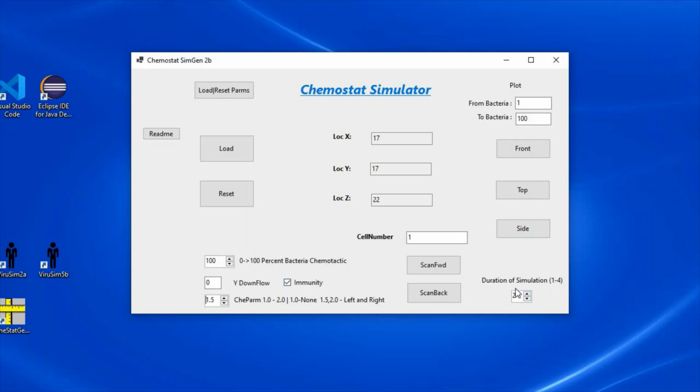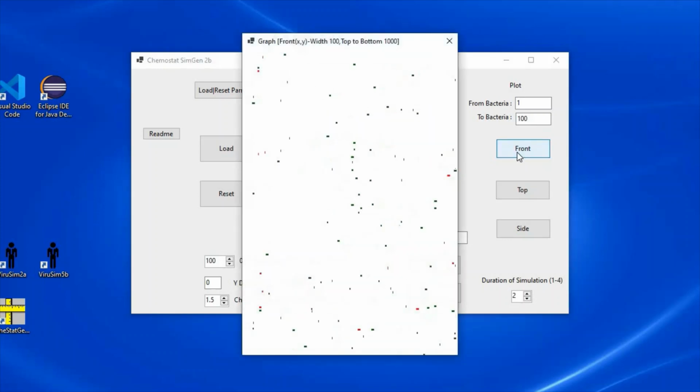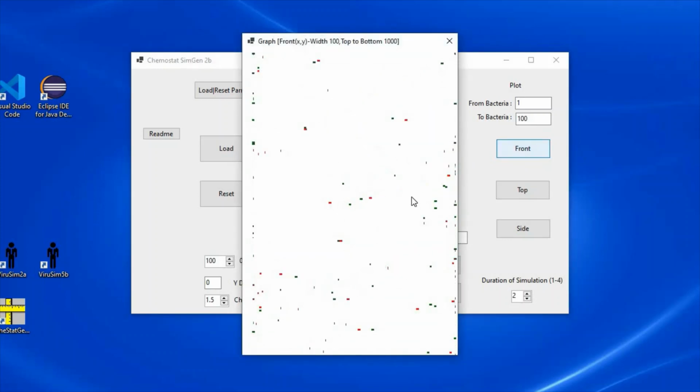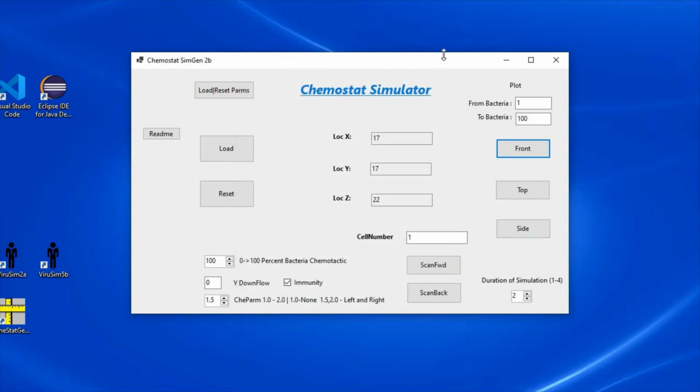Then finally we have duration of simulation, which can be 1 through 4, and that affects the duration of the simulation. So we press load, and then if we're going to go with the front view of it, we click it here, and there you see the bacteria all chemotactic, but some of them are red. Those are the ones that are killed because we had immunity checked off. And then to close it, you just click up here.